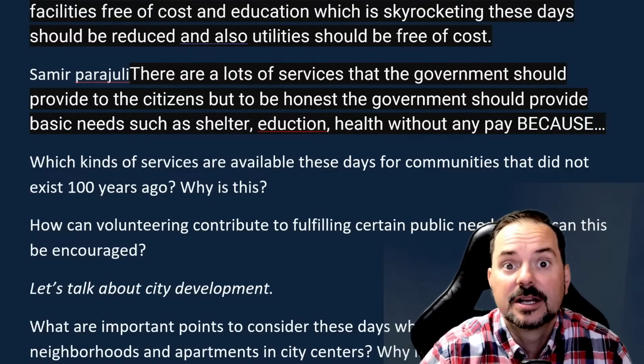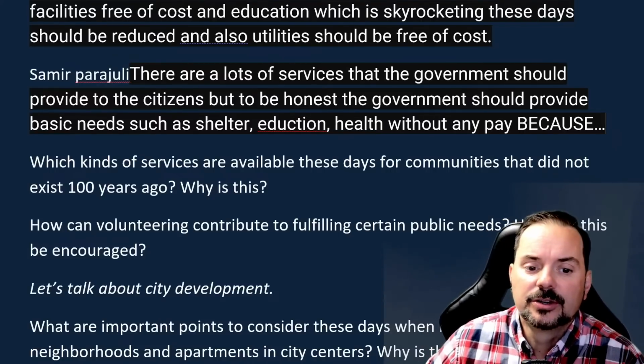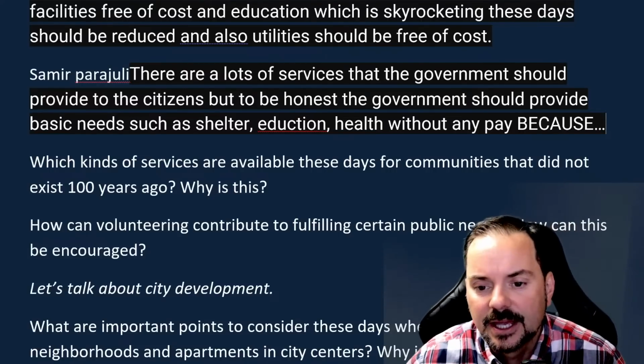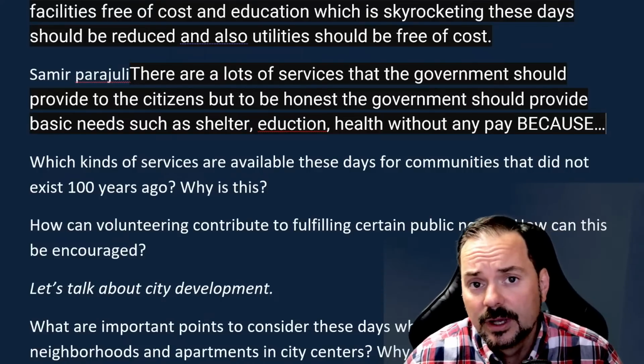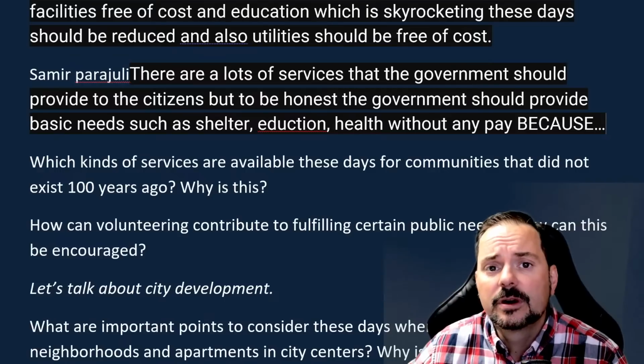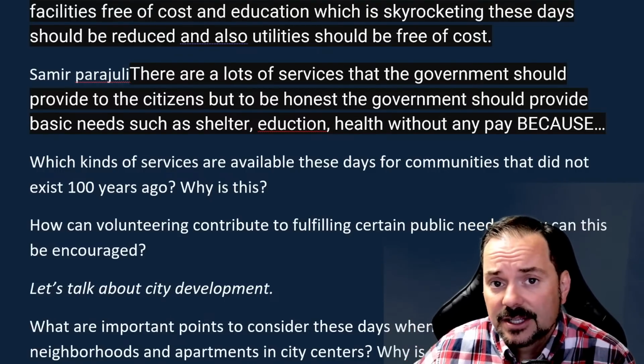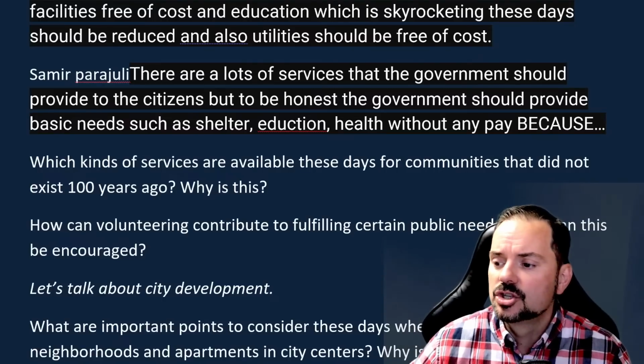Because is your friend during the IELTS speaking. It will help you to increase your fluency. Use synonyms like therefore, as a result, since. Okay, so a lot of those cause and effect subordinating conjunctions, you should be using those.